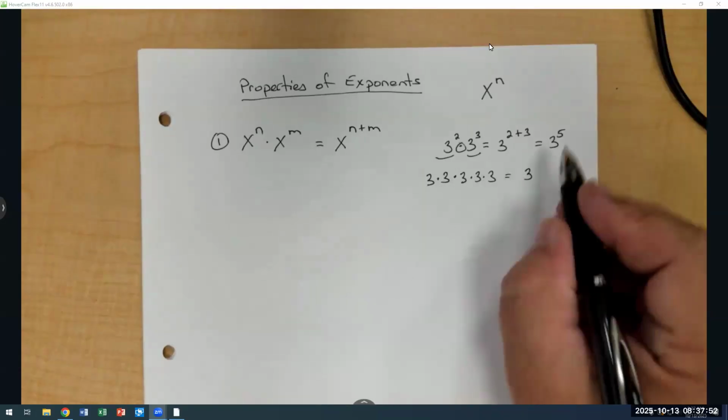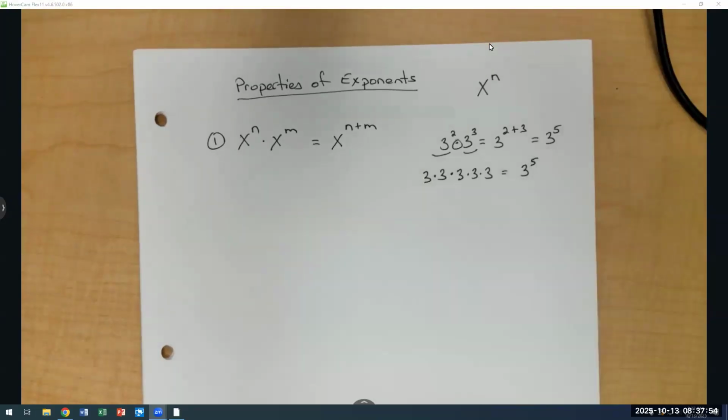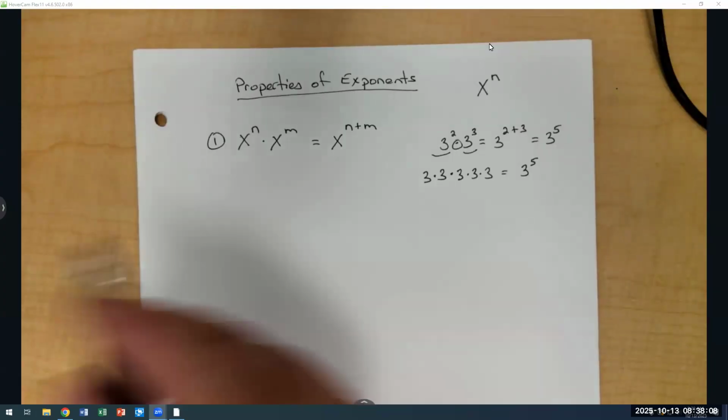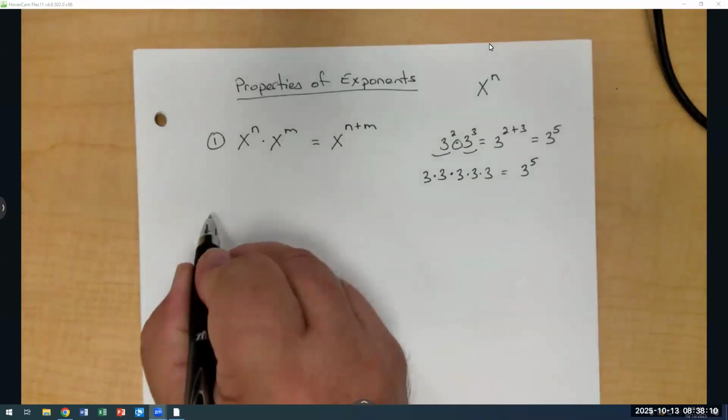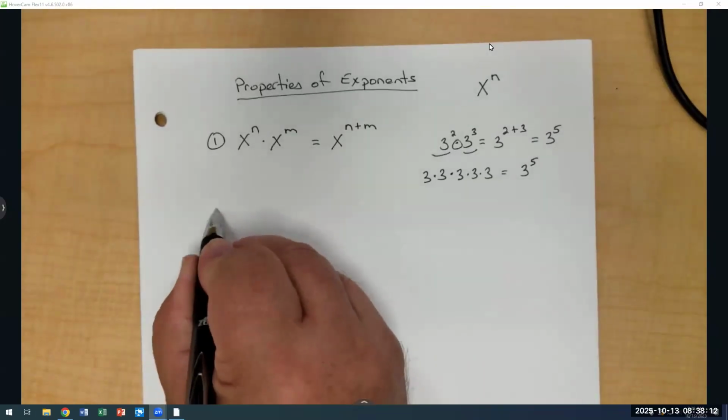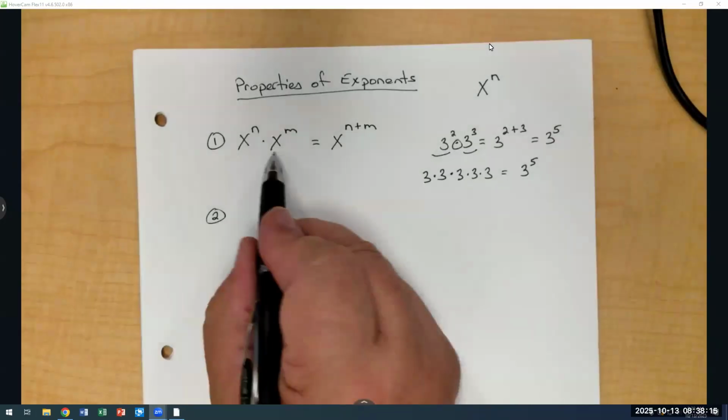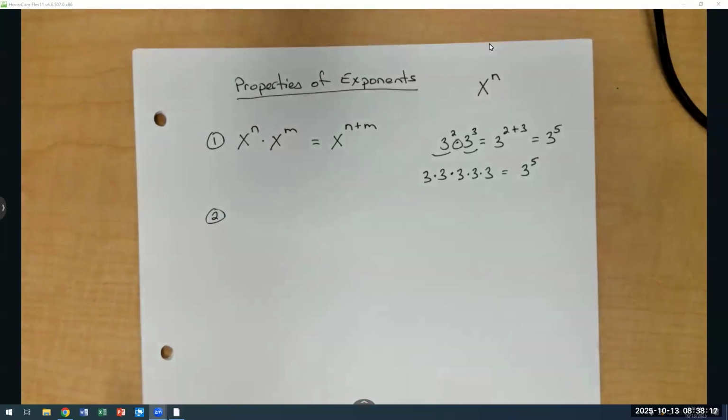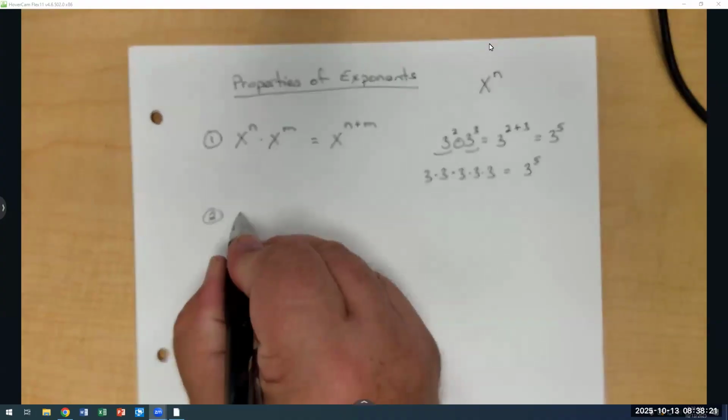How many times do they occur? 5 times. If the bases are not the same, then we can't use this formula. We'll get to that later on. Good question, though, but that's out of the scope of this discussion. If it's not the same base, we can't use these rules. These are only if the bases are the same.